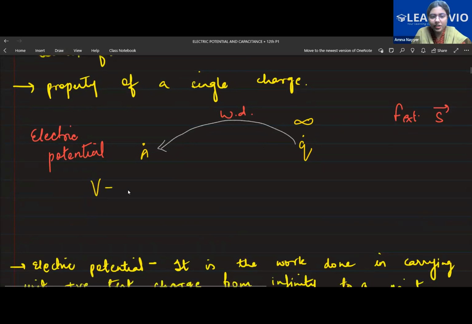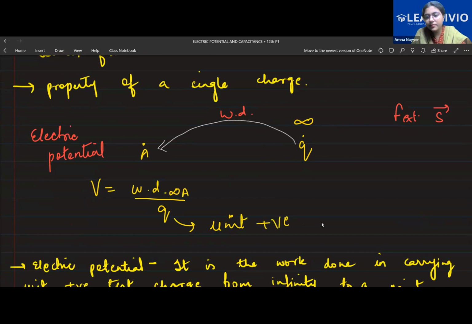So potential is work done in bringing a charge from infinity to a point. Work done per unit positive test charge. You're just bringing a unit positive test charge, and whatever is the work done is equal to your potential. So work done in bringing charge from infinity to point A is the potential.